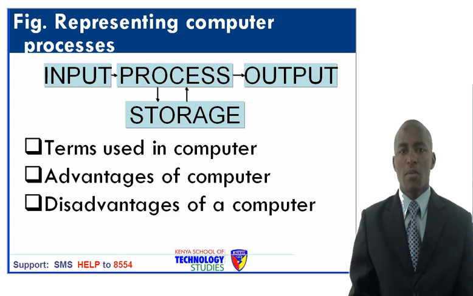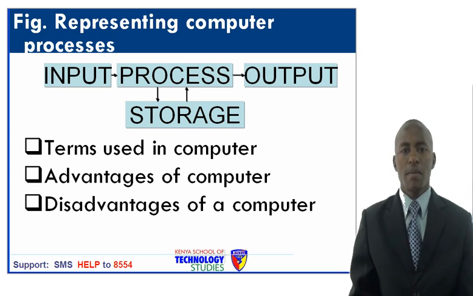Let us now look at some of the advantages of the computer. Under speed, computers are fast in data processing compared to human beings. Under complexity, computers can perform complex arithmetic calculations. Versatility is the ability of the computer to process the same job several times without becoming tired.